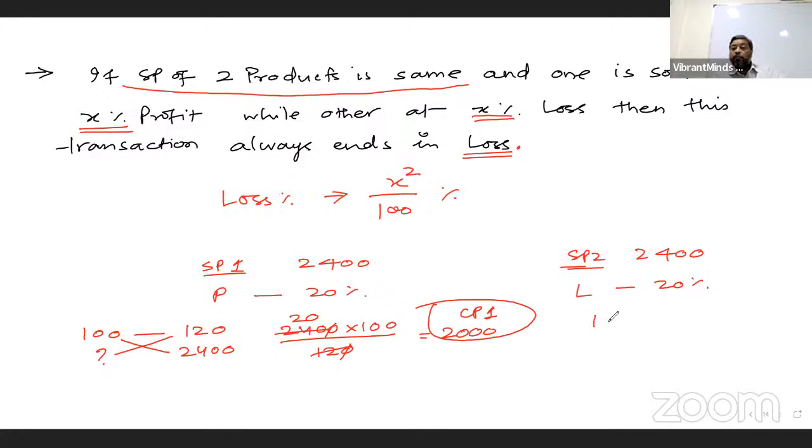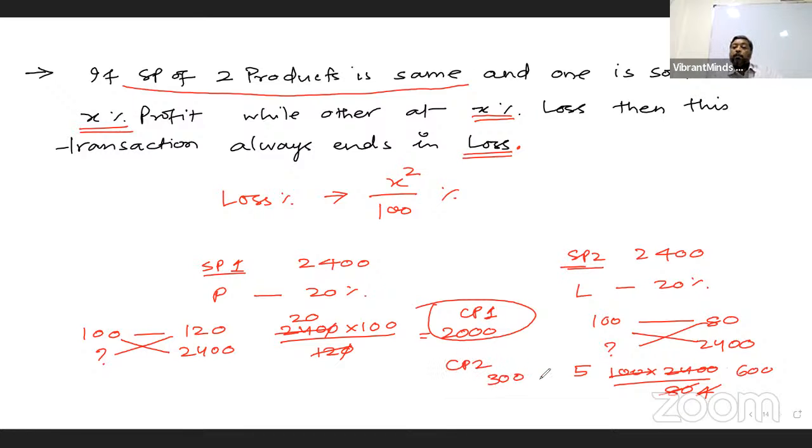If we are getting a loss, means 100 rupees. If we are getting 20% loss, means it is sold for 80. But at actuals here it is sold for how much? 2,400. So again, I will go with 100 into 2,400 divided by 80. 4, 5, 600 into 5. How much? Cost price 2 will be 3,000. Now understand. What is the combined selling price? Let me change the color.